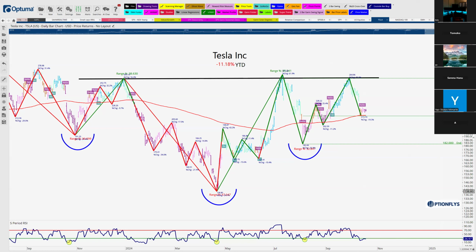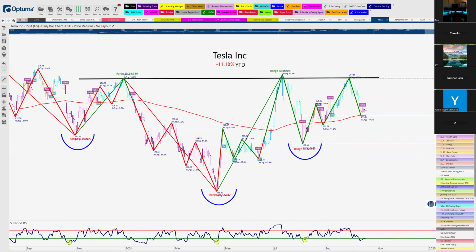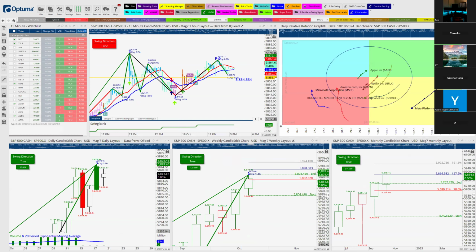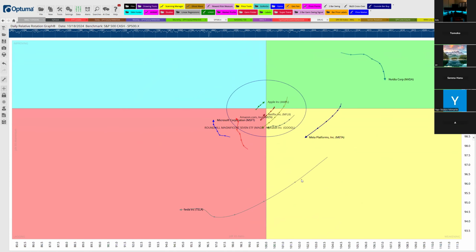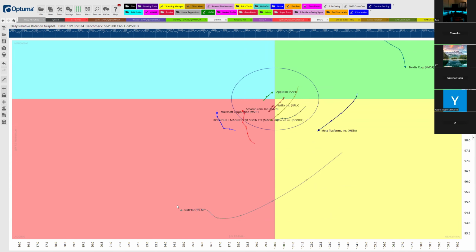At the same time, this one is way down. Look where this rotation is going, how deep it is, and so far away from the benchmark. This thing is going to take a wild turn, I can tell you that, because it's so far from the benchmark now.